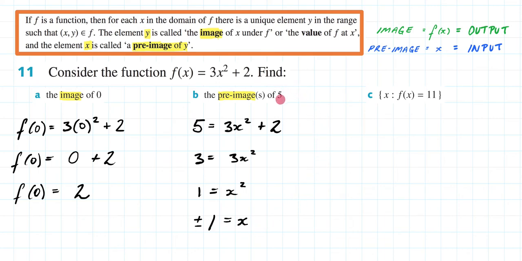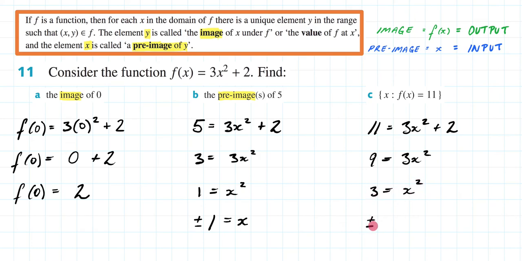Hopefully that makes sense. Next we have c, which is asking me to find my pre-image. And it's giving me f of x equals 11. So if I have 11 equals 3x squared plus 2, I will rearrange in order to solve for x.